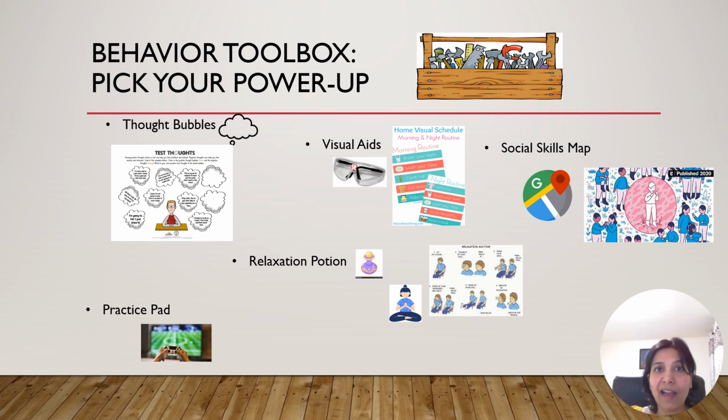It guides us, building friends, relationships, and conversations. Practice pad is like a game controller. Just like a game, practicing social skills and new behaviors helps us level up. Relaxation portion is used when we are feeling stressed, anxious. So there are some relaxation techniques like deep breathing, helps us manage our emotions.